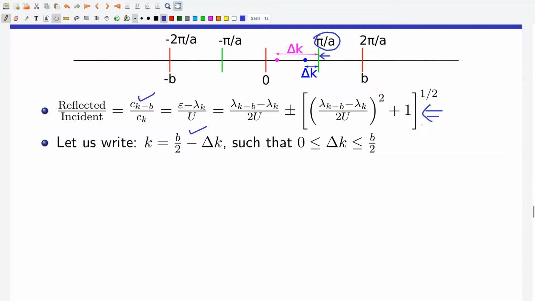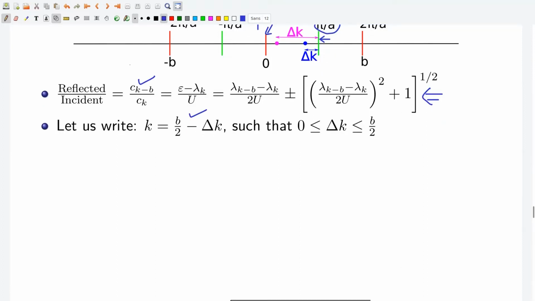If we express in terms of k, the reference point is the gamma point, which is the origin of the reciprocal space. If we express in terms of delta k, the reference point is the first Brillouin zone boundary shown by the green vertical line in the diagram.